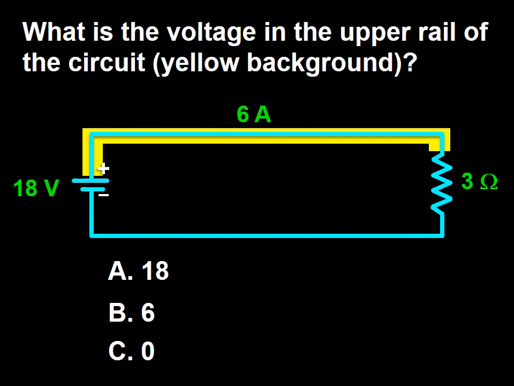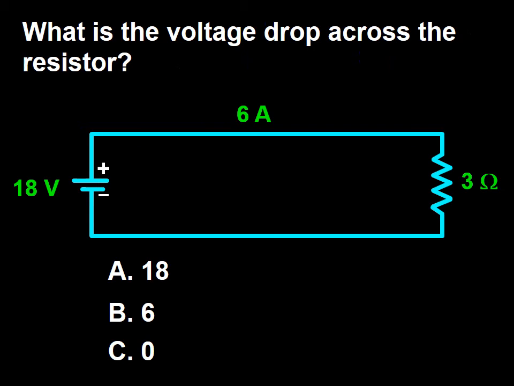So the answer to this question is C. Next question. What is the voltage drop across the resistor? A, 18, B, 6, C, 0.